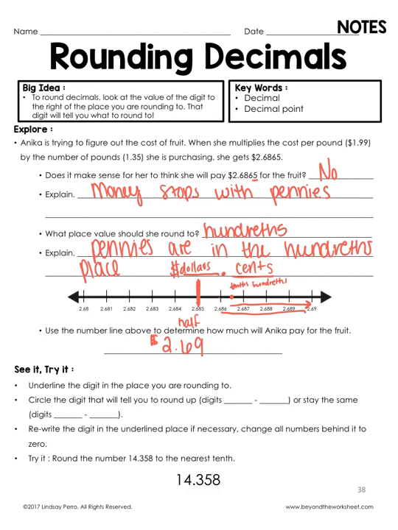So you underline the digit in the place you're rounding to. Then circle the digit that will tell you to round up. So in this case, if I was looking at 2.6865, I'm rounding my 8, right?